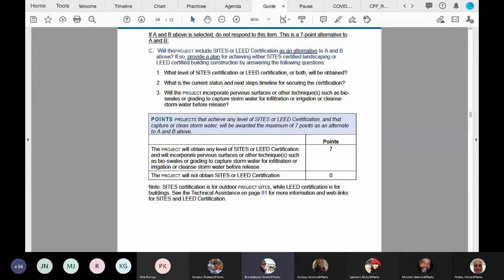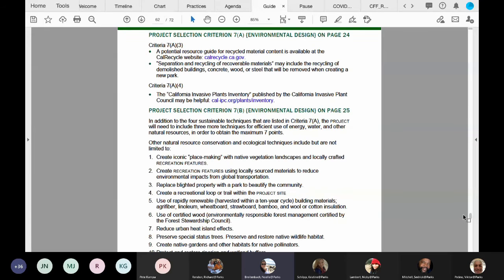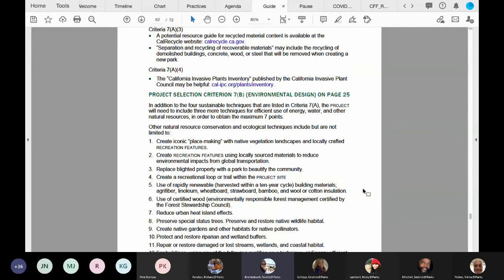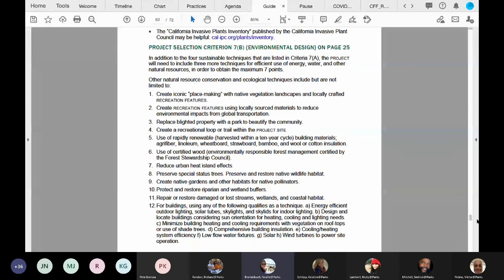So let's turn to page 60 for the technical assistance for this criterion. The top of page 60 has some resources for criteria 7A. The bottom of page 60 lists a lot of really good ideas for the additional environmental design techniques that are required in 7B.